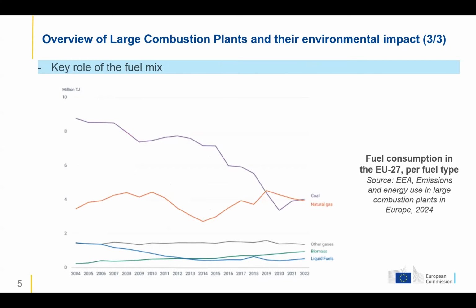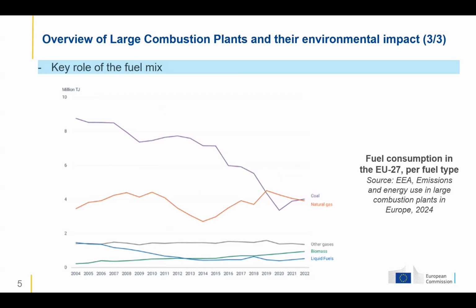Of course, in the large combustion plant, the fuel mix plays a key role. In this slide, you can see the fuel type used in the large combustion plants in the European Union. Starting from the year 2004, we have a quite stable decrease in the use of coal for electricity production, with a steeper decrease in the period 2017 up to 2020.